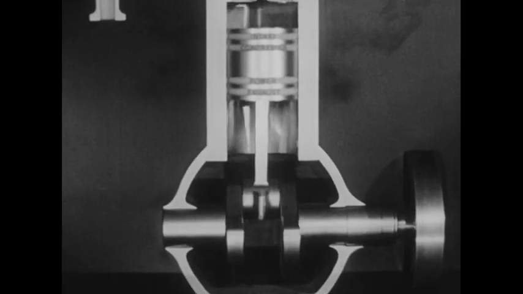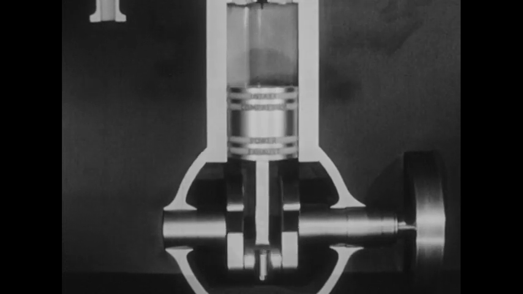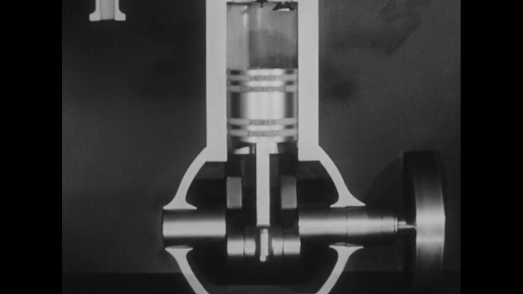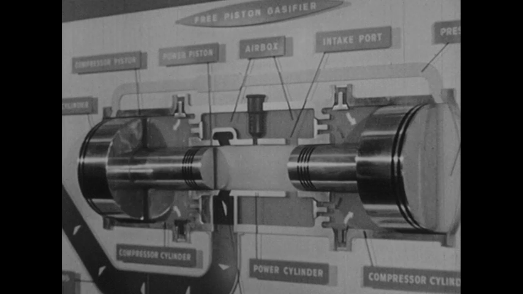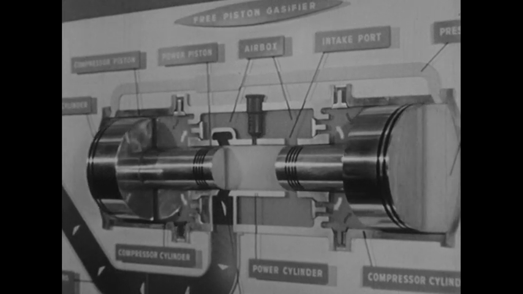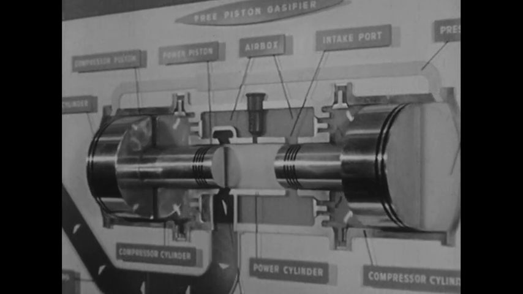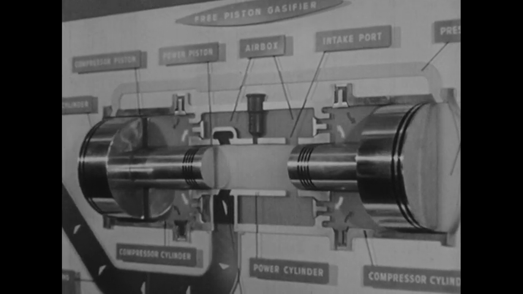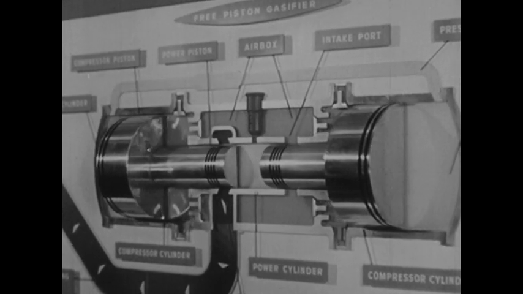In a true reciprocating engine, the pistons are attached to the crankshaft by a connecting rod. Here is a simplified model of a reciprocating engine in which there is no crankshaft. Because the pistons move freely back and forth inside the cylinder and have no connecting rod, this is called a free piston engine.